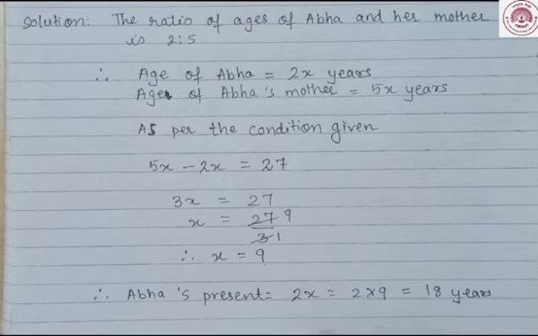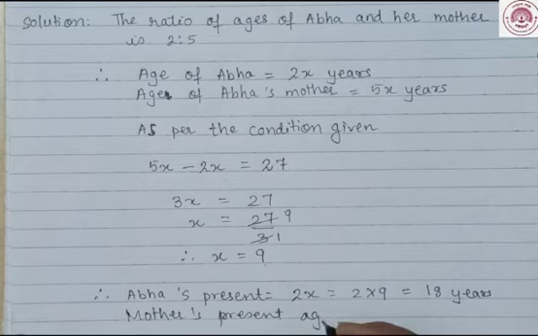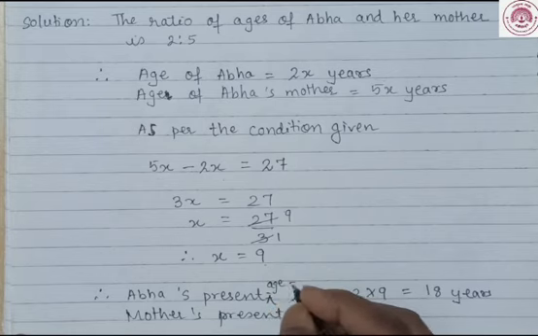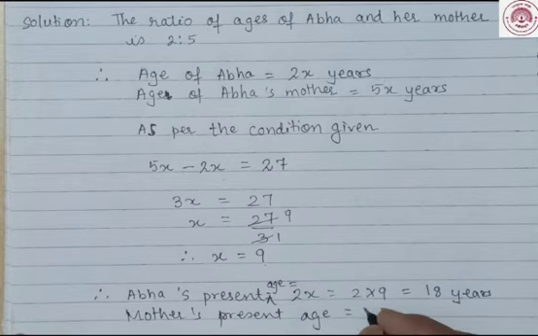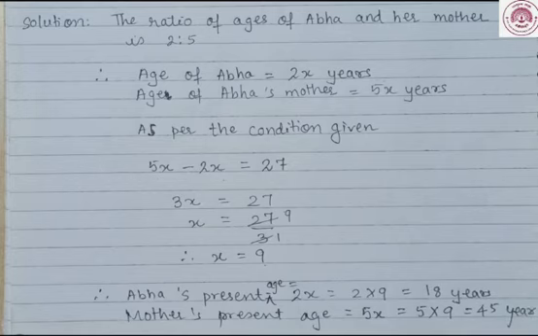Similarly mother's present age equals to 5x years, so 5x, which is equal to 5 multiplied by 9, that is 45 years. Hence we got the value of Abha's present age and mother's present age.